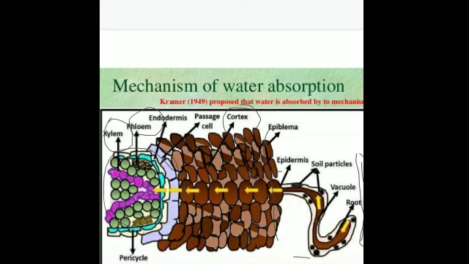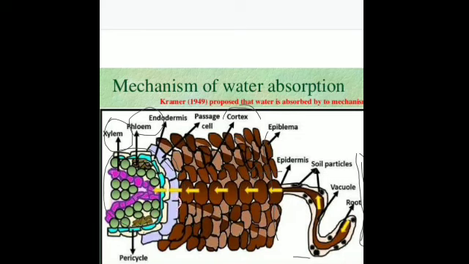You can see this yellow arrow: the movement of water molecules continues in this direction. Thus water moves from the root hair cell to the cells of the cortex, then the endodermis, and then the pericycle, which comes after the endodermis.